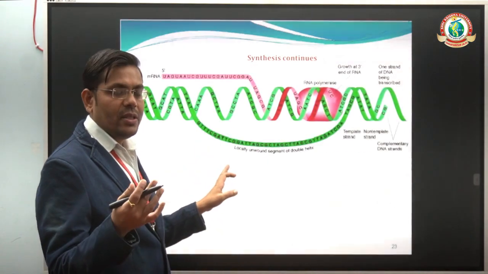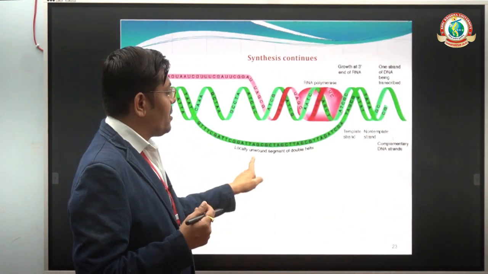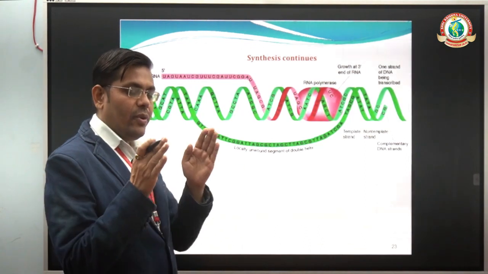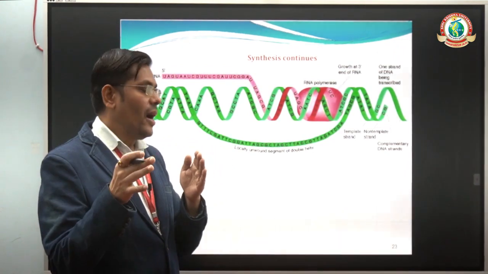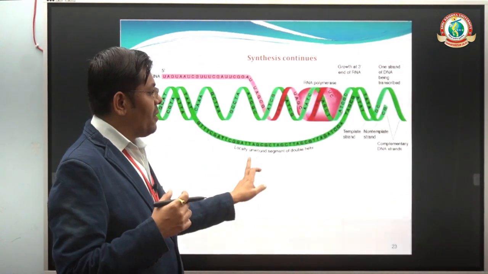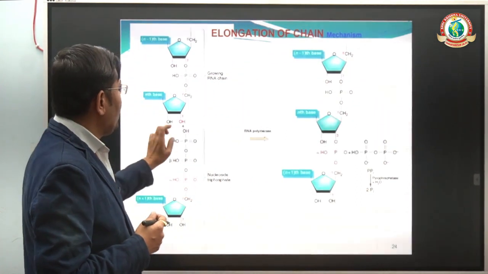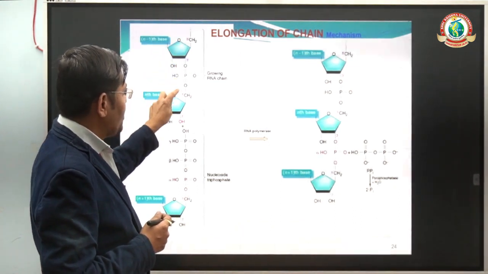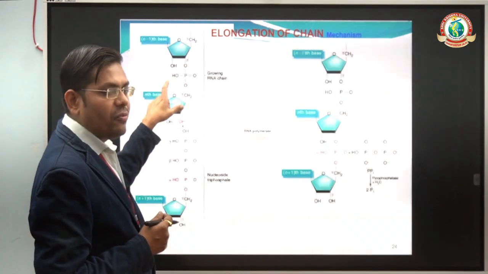If we see the elongation, which is the next process of transcription, we always see that these nitrogenous bases get incorporated and form the complete chain, which is called polymerization, where the 3' hydroxyl group of one nucleotide attaches to the 5' carbon of the other nucleotide with the help of a phosphodiester bond and completes the polynucleotide. In elongation we can also see that the 3' carbon of the first nucleotide attaches with the 5' of the second nucleotide with the help of a phosphodiester bond.